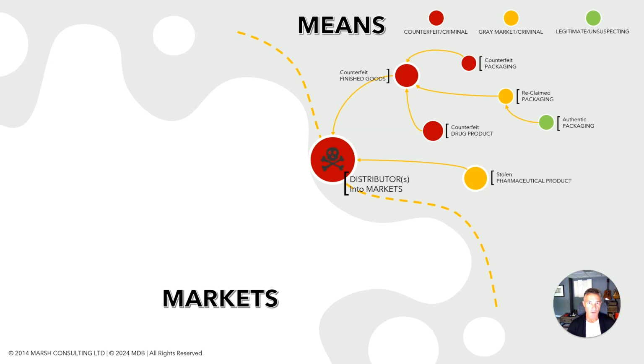How does this relate into the real world? Well, I already talked about how stolen products make their way from secure locations to unsecure locations. But authentic packaging in particular, how does this occur? Well, it can be stolen from waste streams. One common occurrence we also see is that it's actually purchased from patients.